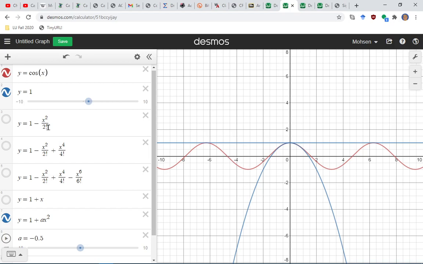Here we are going to refer to these as Maclaurin polynomials. When we focus around the origin and reproduce our functions around there, what we create is referred to as a Maclaurin polynomial. So here is the first of these, just exactly what I drew a second ago.